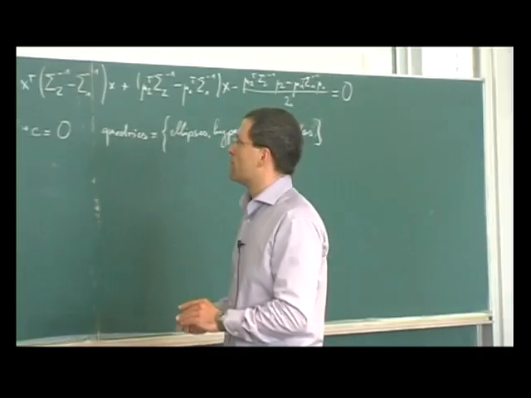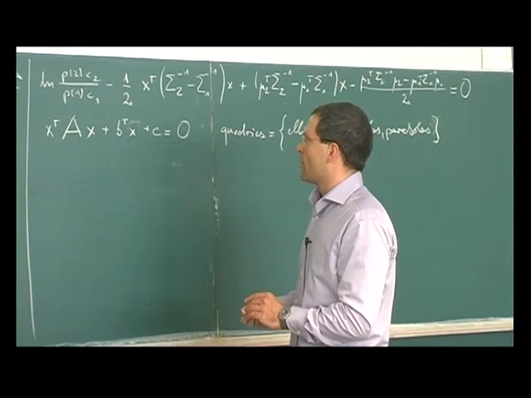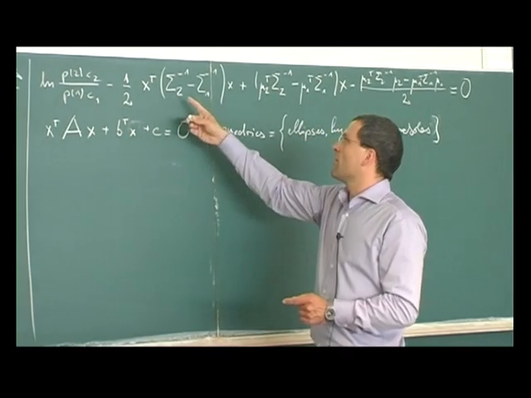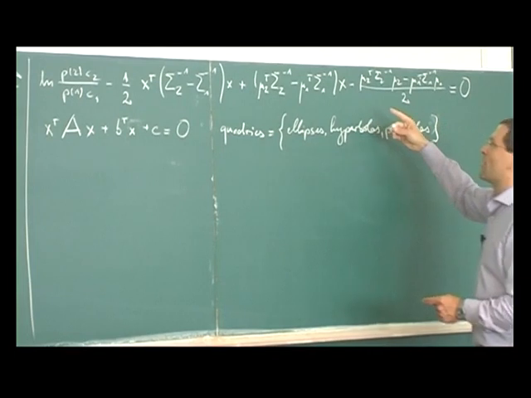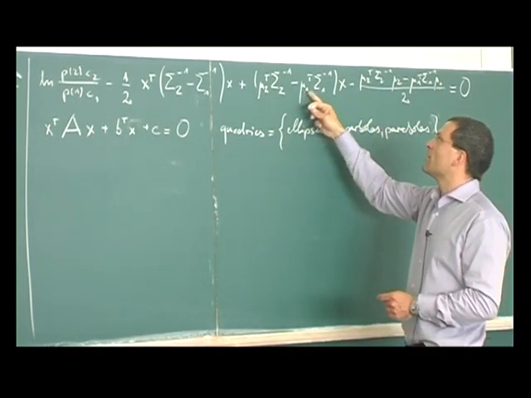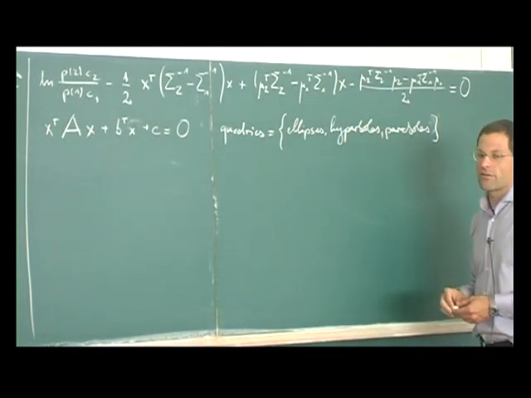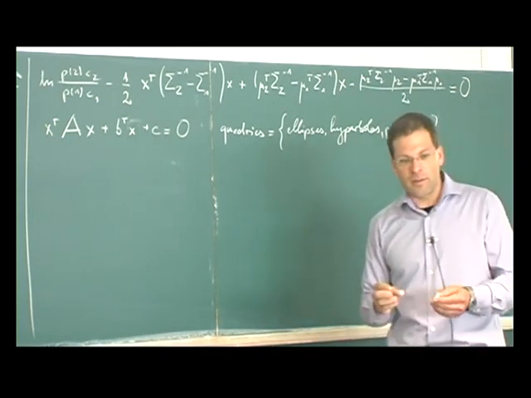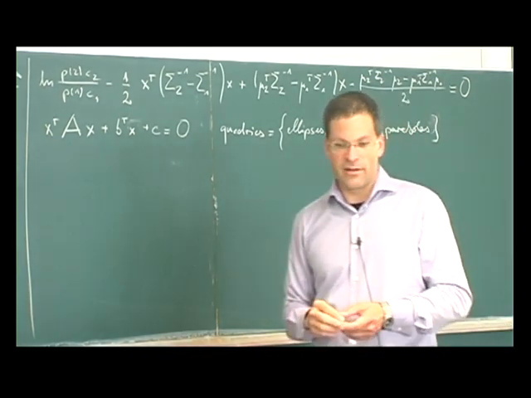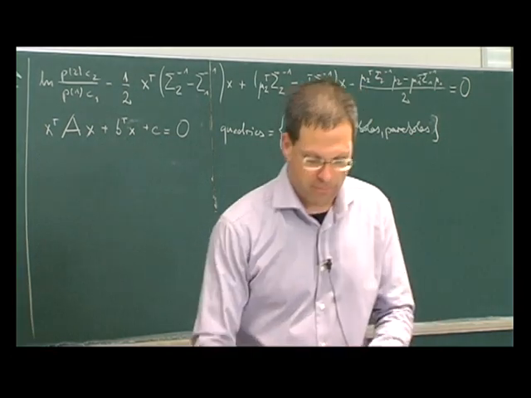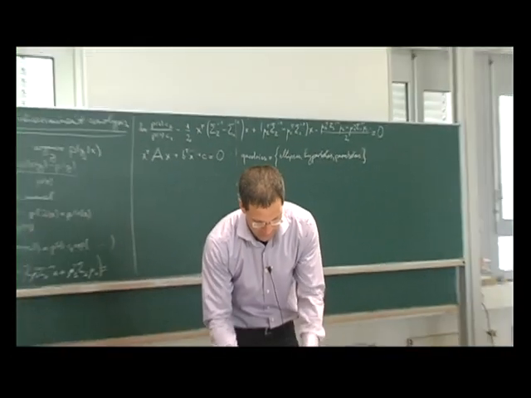So that still has these unknown parameters, namely the means and the covariance matrices of these two classes. And we can now estimate them from the data, provided we have more points than dimensions.